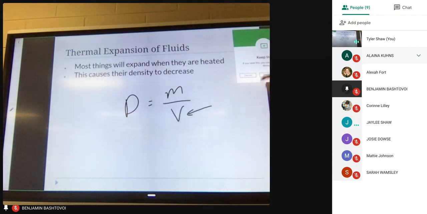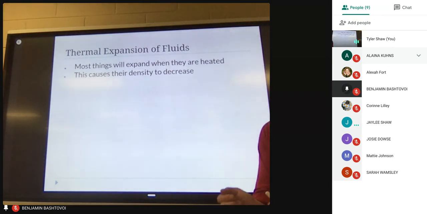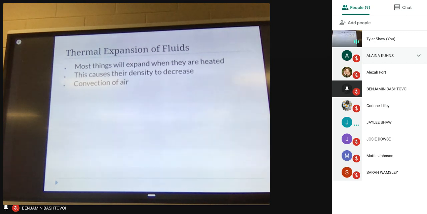And we experience this in lots of different things in our world. Most notably with fluids is air. Hot air tends to rise, cold air tends to sink. Or with liquids, think of a lava lamp. So the movement of those things, when you have this density change, causes these things called convection cycles.